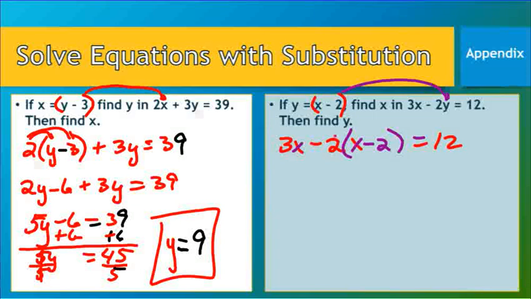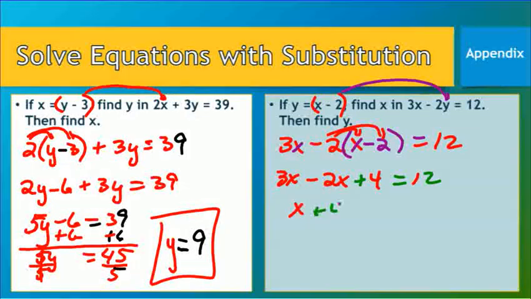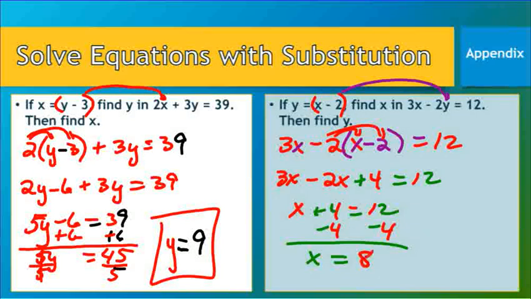So now I can distribute. Remember, I got to distribute a negative 2. So I have 3x minus 2x. Negative 2 times negative 2 is a positive 4 equals 12. Combine like terms, I have x plus 4 equals 12. Subtract 4 on both sides, x would equal 8.